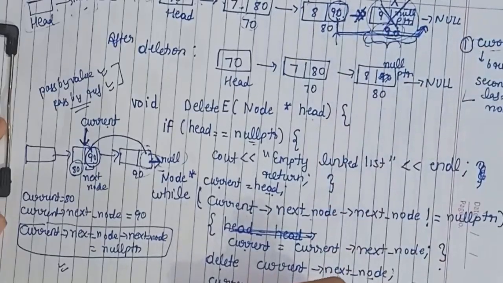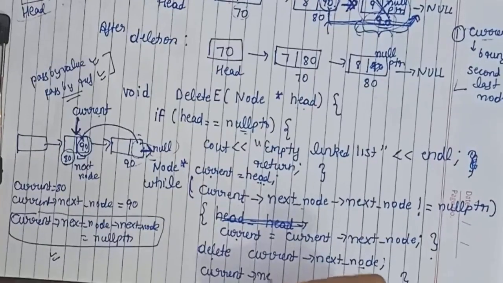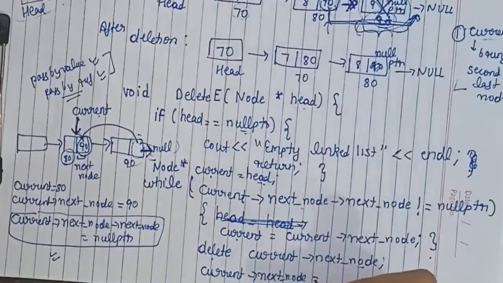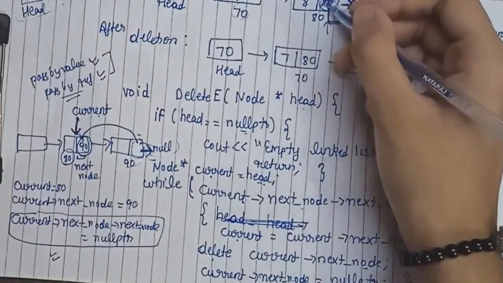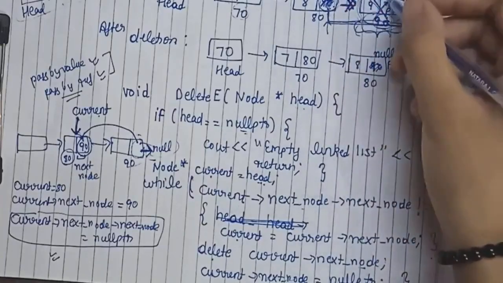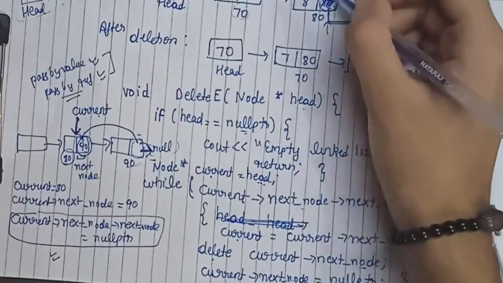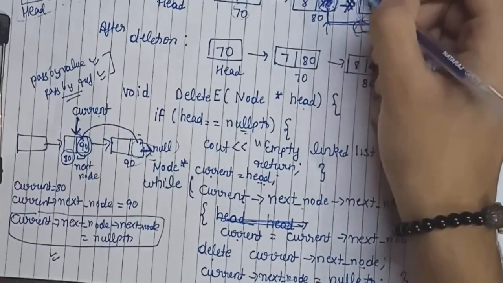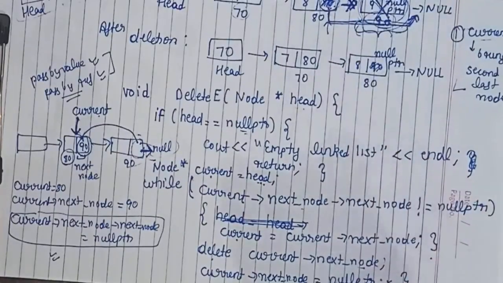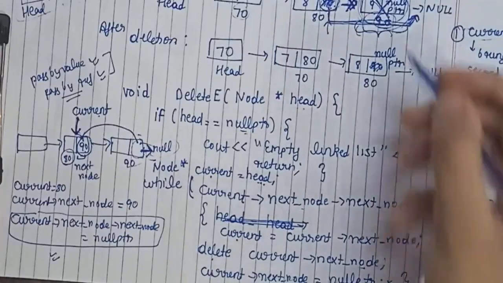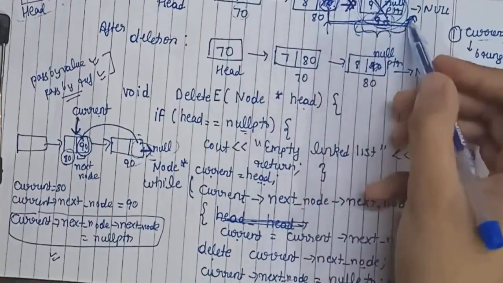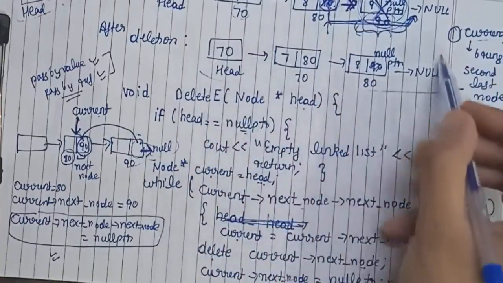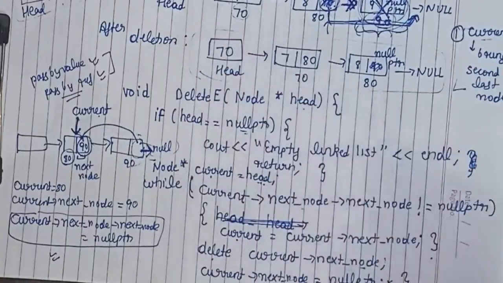So now current's next node, which is this, we need to make this null pointer. Now in place of 90, the node which we have just deleted, we will put null pointer here using this code line. So now you can note that once you have deleted this particular node and you have put null pointer here, then you will get this particular linked list that was required to us.